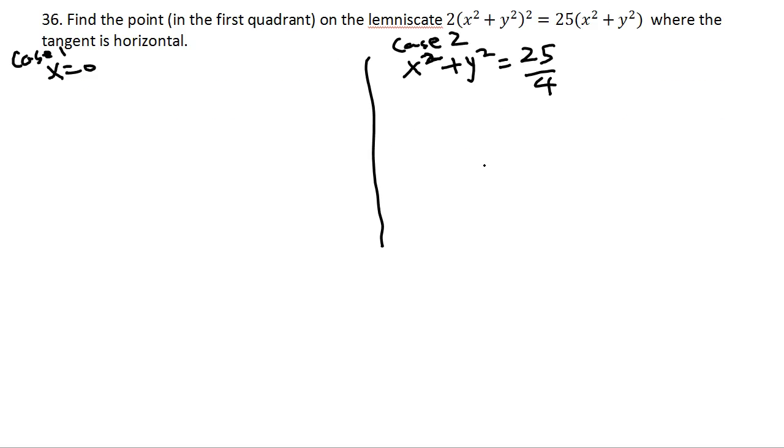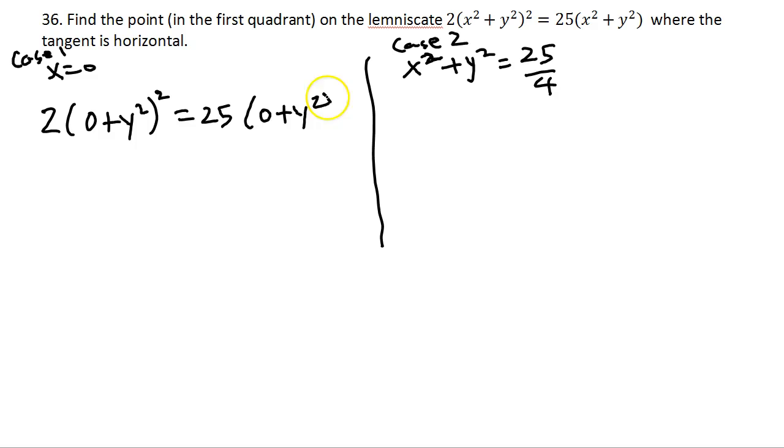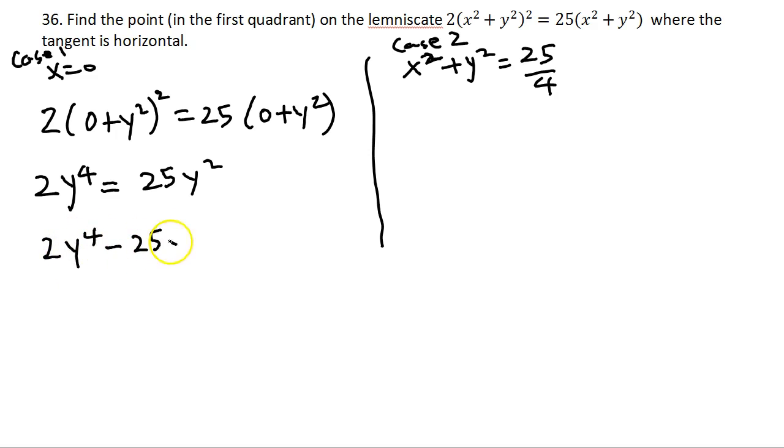Okay, let's go further. If x is equal to 0, I get 2 times 0 plus y squared equals 25 times 0 plus y squared. Okay, so this is 2y to the 4th equal to 25y squared. Now move this to the other side, so you get 2y to the 4th minus 25y squared equal to 0.